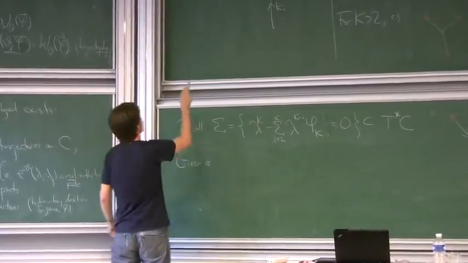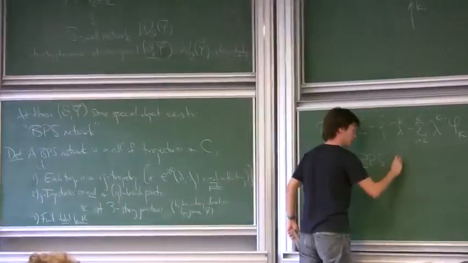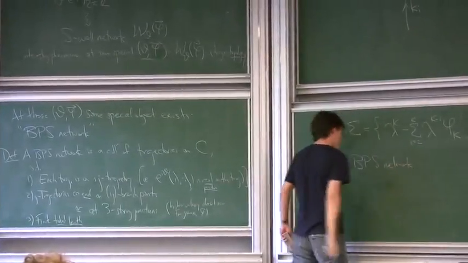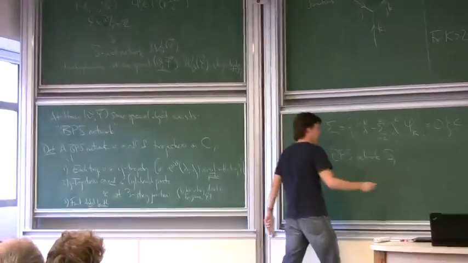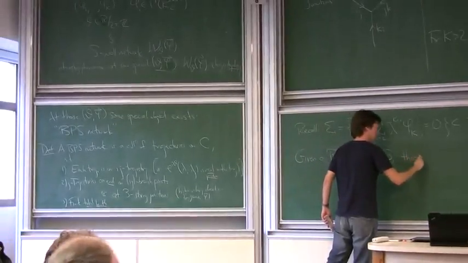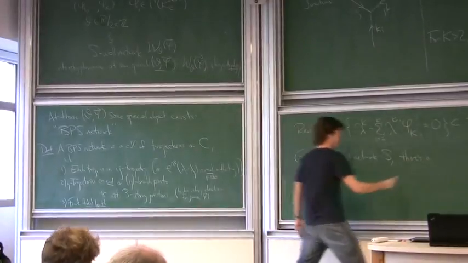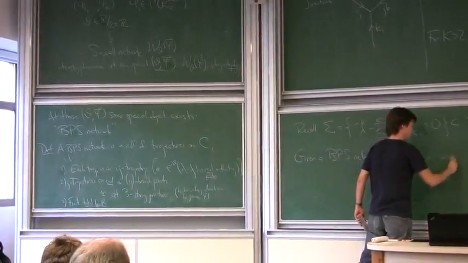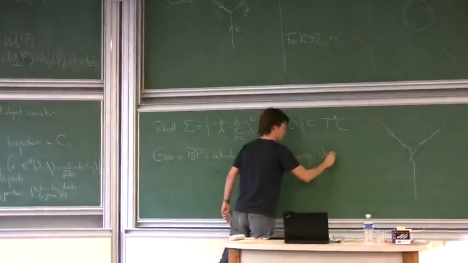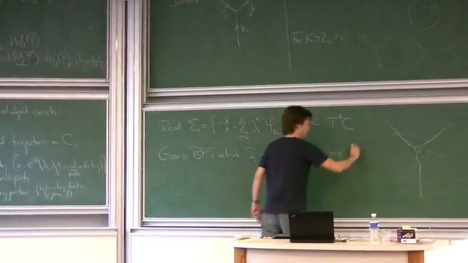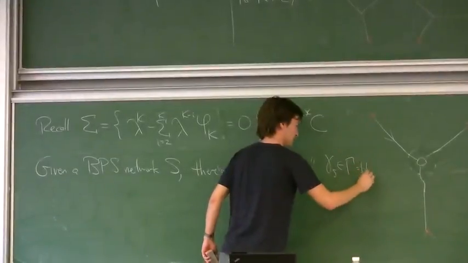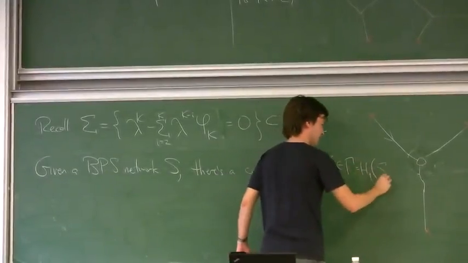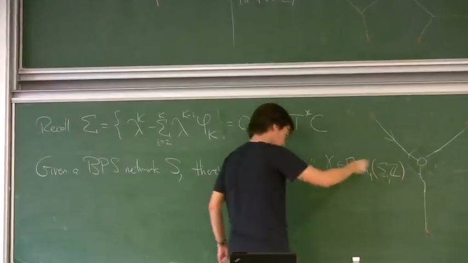Given one of these finite BPS networks, let me call it S, there's a corresponding charge, the same thing as we had before, call it gamma S in the first homology. So again, I could take the prim part here, but I'll just take the whole first homology.